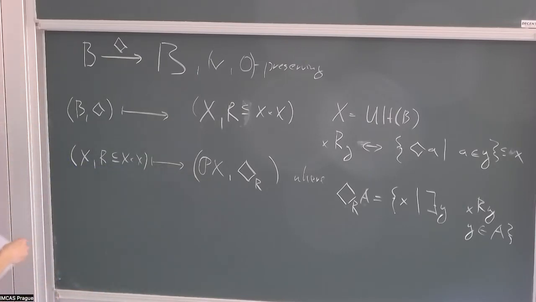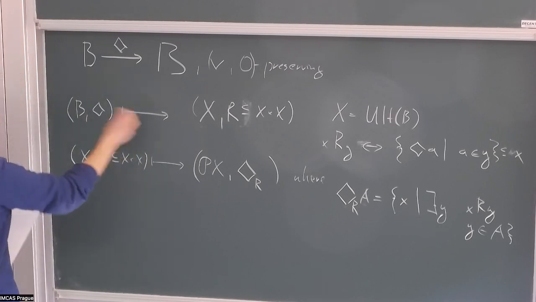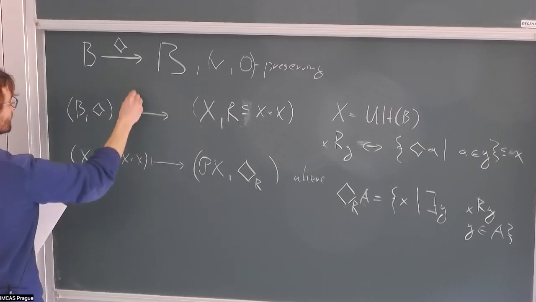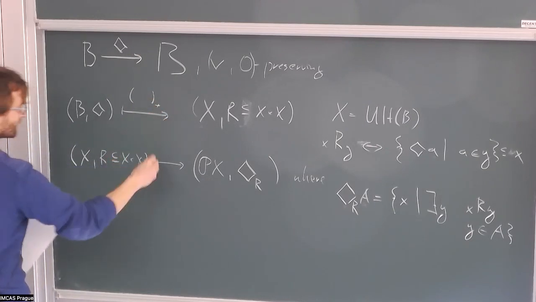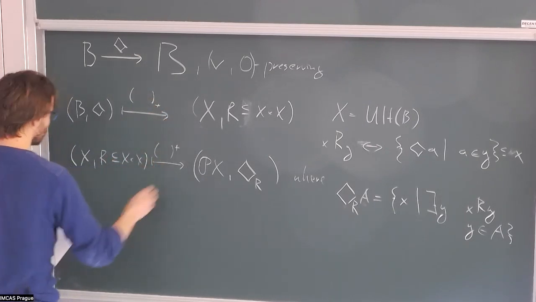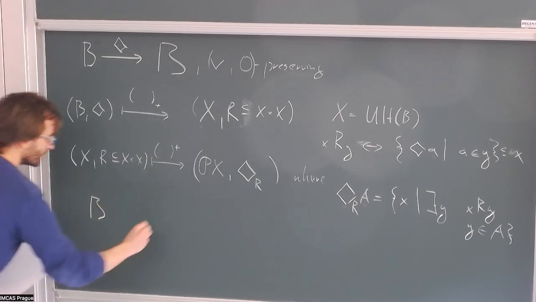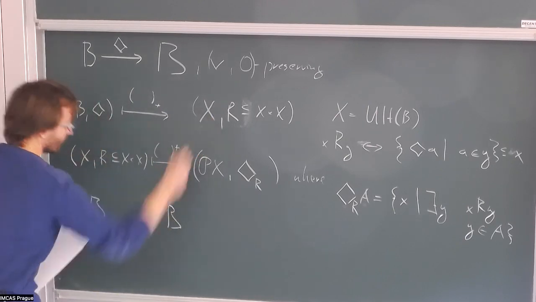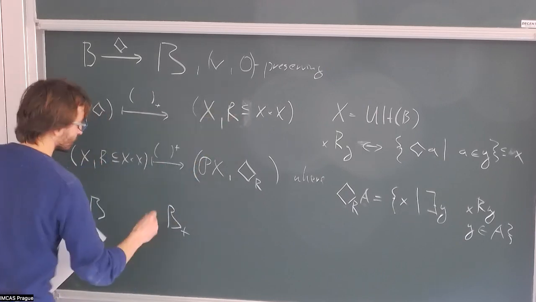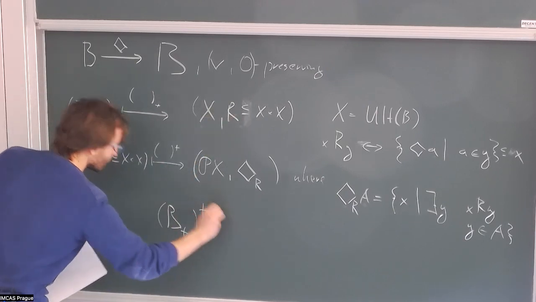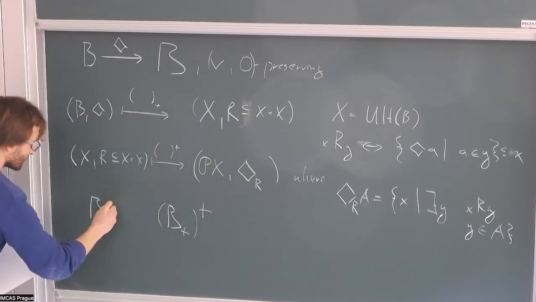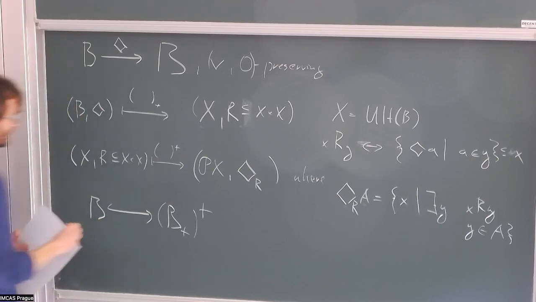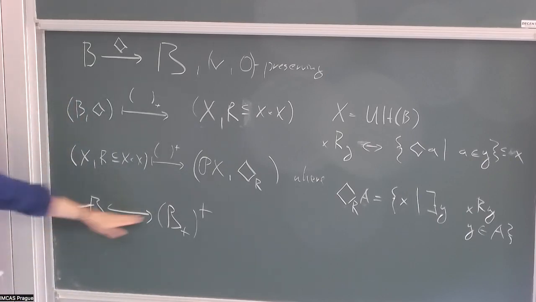So if I call this operation like applying bottom plus and here top plus, then if I take B and make it into a relational structure, and then turn it into this complete atomic Boolean algebra with this extra relation, it turns out this original B I started from embeds into the big one.